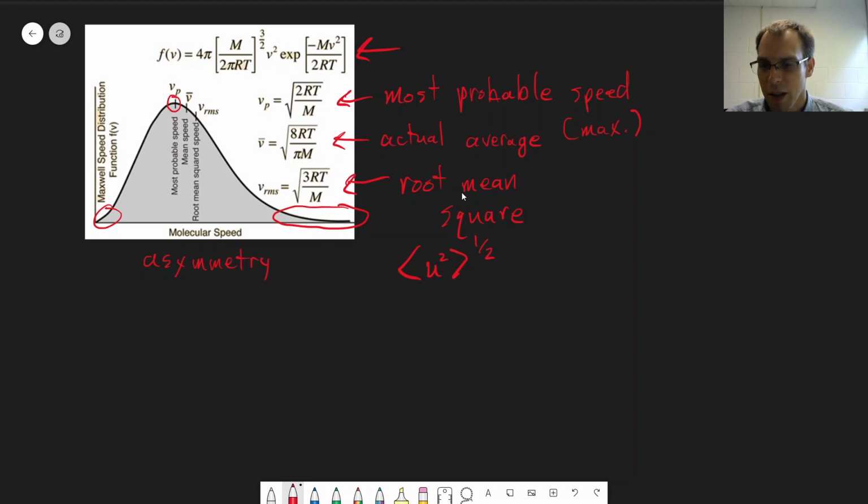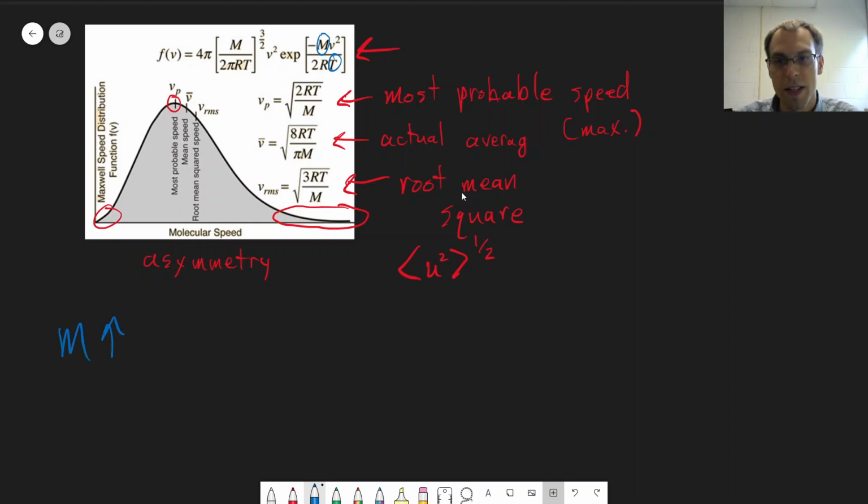One other thing we can think about is that there are a couple of variables in here, particularly in the exponential. Mass and temperature show up again, just like they did for the velocity distribution. And similar to the velocity distribution, these will affect the width of this overall distribution.